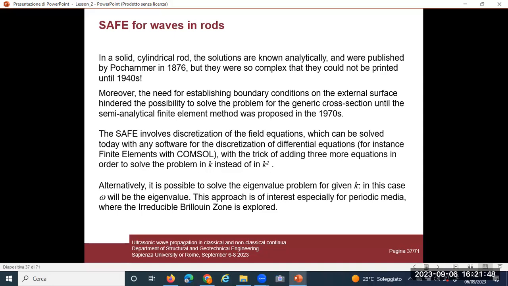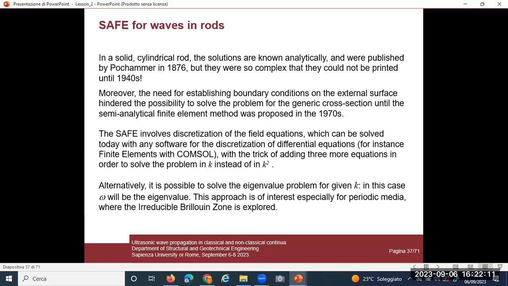So statistically, the maximum and minimum amplitude of band gaps, I'll show you later what a band gap is, can be found by exploring the irreducible Brillouin zone.